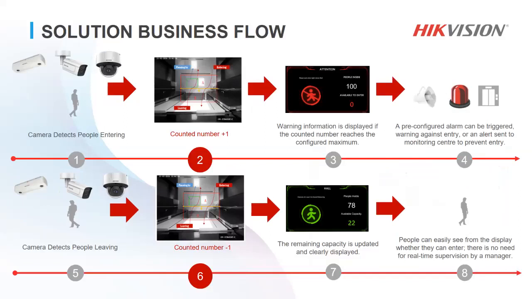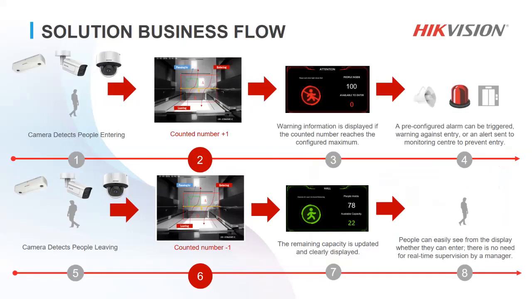To run through how the solution works, as you approach the premises, one of our cameras will see you enter. It will count you into the building, and then via a graphical display, either generated by the camera, the recorder or Hik-Central, it will indicate how many people are on site and how many people are still able to enter.